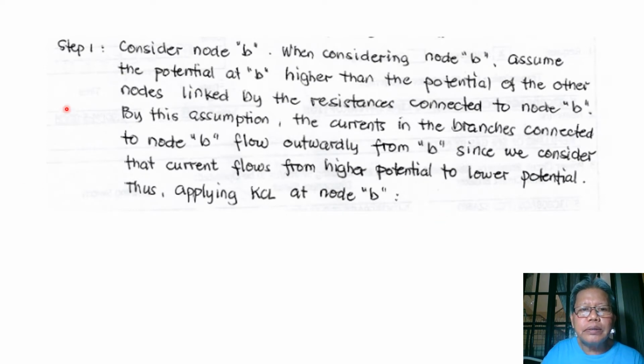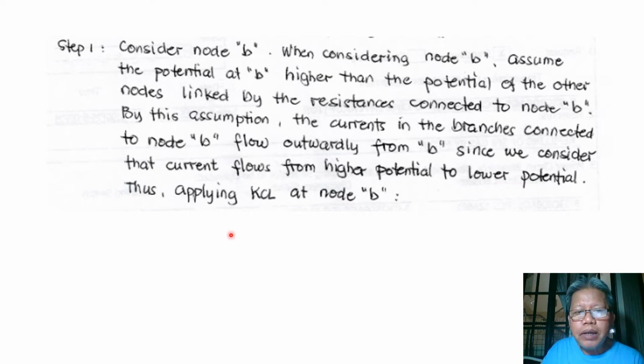Now, step 1. First we consider node B. Now, when considering node B, we have to assume that the potential at B is higher than the potential of the other nodes linked by the resistances connected to node B. So by this assumption, the currents in the branches connected to node B flow outwardly from B, since we consider that current flows from higher potential to lower potential.